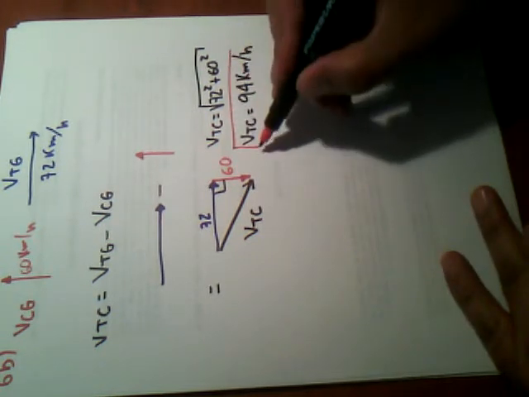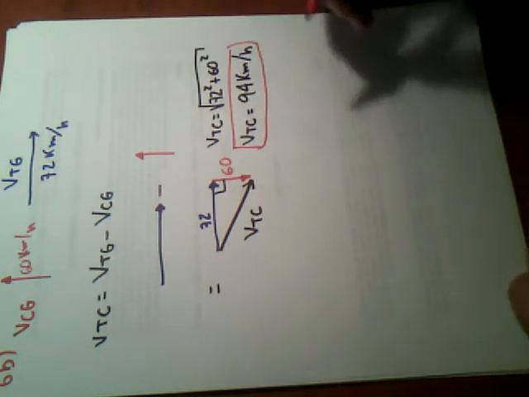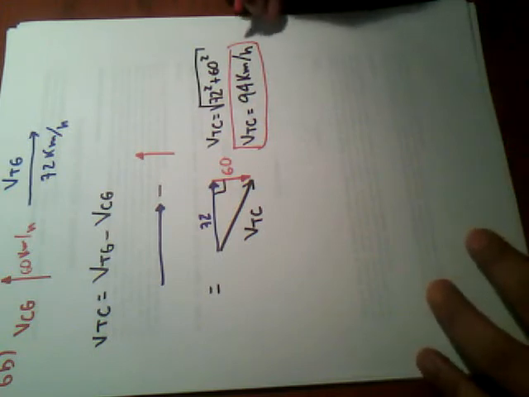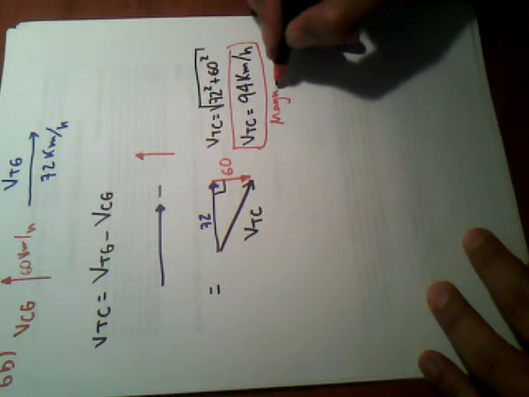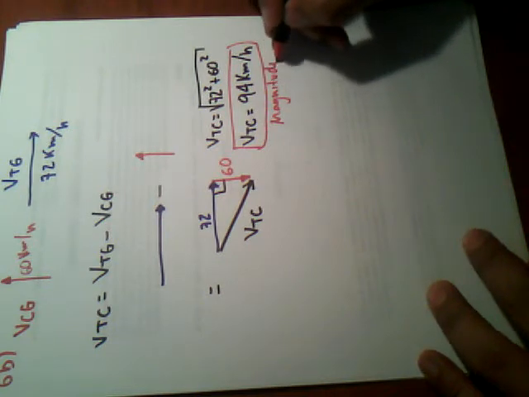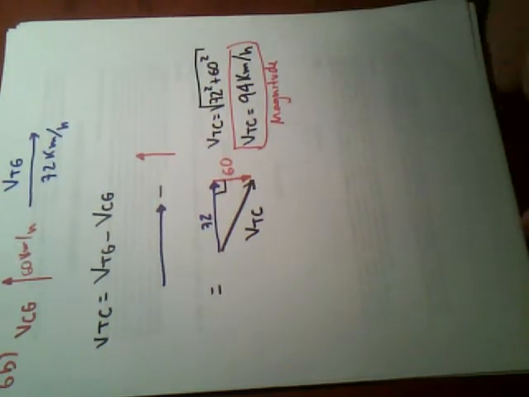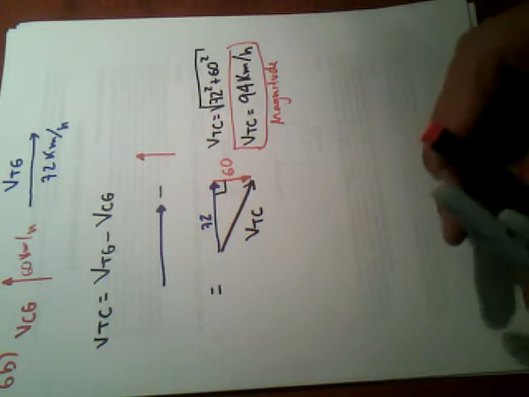In the question they say that we have to find the magnitude and the direction of the velocity. So this is just the magnitude. We're still missing the direction.